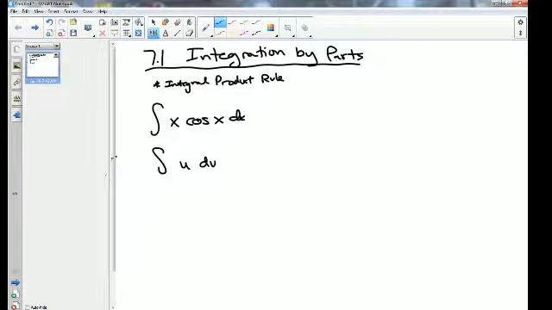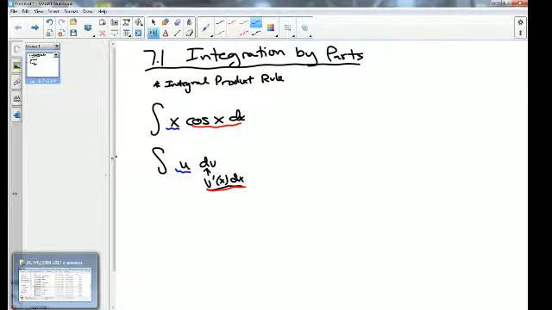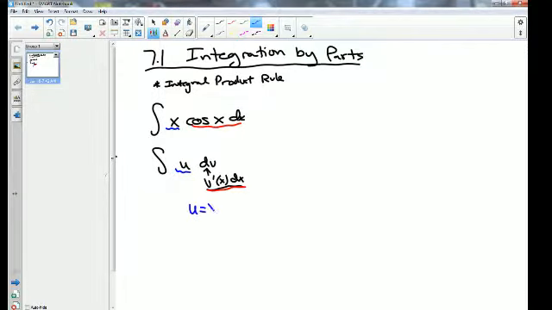In our case, this would be a derivative, or some people write this v prime of x dx. So we have that which we choose and that which we choose. So u equals x in this case.